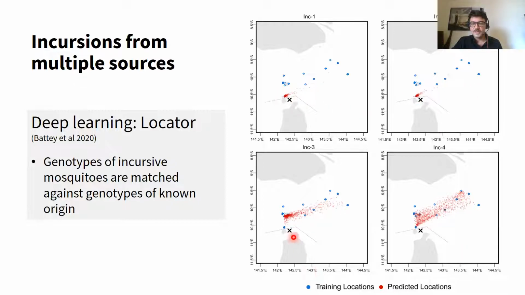For this one, it places it with a bit more variation, certainly, but seems to be placing it on this big island to the north called Moa Island. And then here, it just has no idea. We couldn't sort this individual out. So there are limitations, but the fact that it was able to assign this one while the other programs couldn't shows that this sort of methodology is actually really useful.